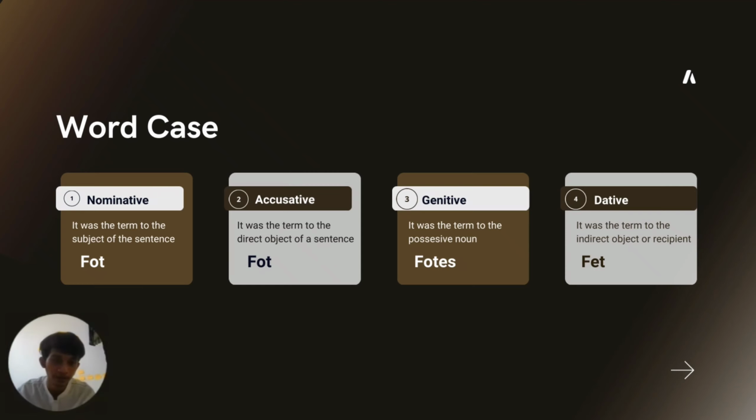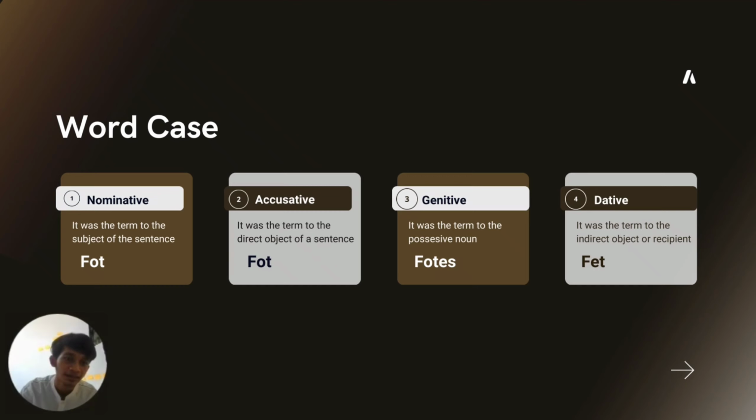I've put an example here. But a disclaimer: to be honest, I don't know exactly how Old English pronounced it. Nowadays people usually use foot, spelled with a double O, meaning an organ you use to walk, right?